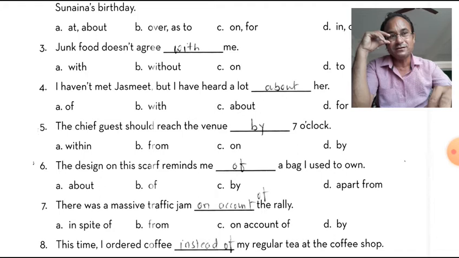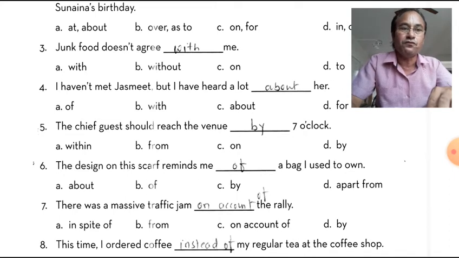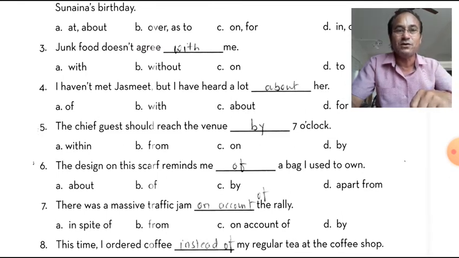It indicates direction or from where it is, or made up of, by which it is made. Reminds me of a bag I used to own. The design on this craft reminds me of a bag I used to own.